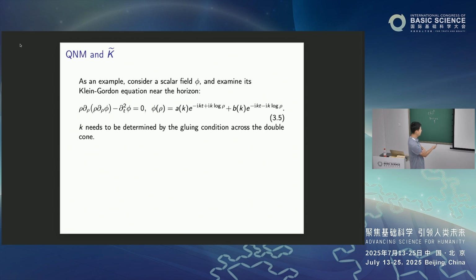So effectively, what's important is the radial and time direction, and these two components. And so you can solve the Klein-Gordon equation, and you find the solution given by these two solutions. Here, this k is the eigenvalue for the modified boost operator partial t, and we need to determine what's the value of k.